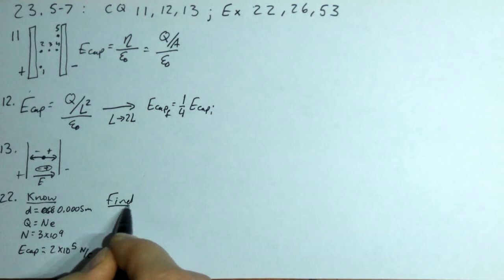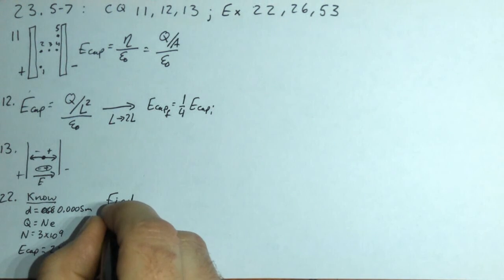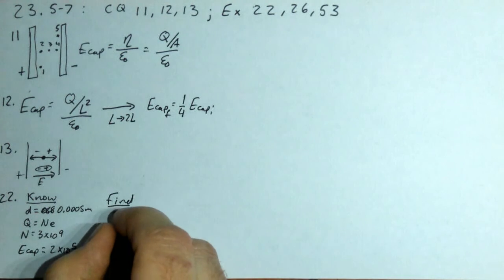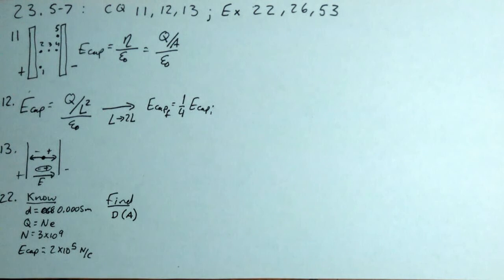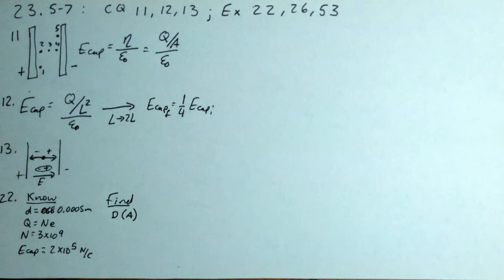We're trying to find the diameter of these disks. So we want to find D. Which basically means we need to find the area of the disks. And then we note that they're circular disks, and so from the area we can use geometry to find D. Okay, if that's helpful, go ahead and pause the video now and see if you can finish solving this. See where you can go from here.